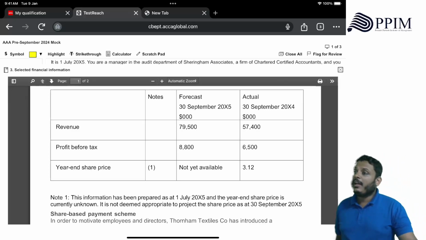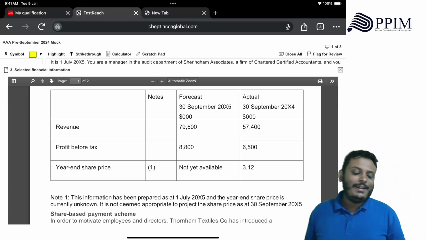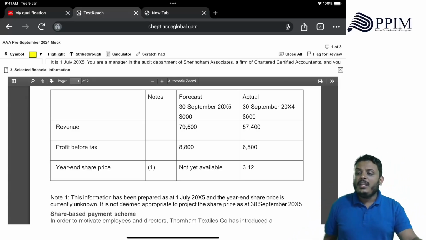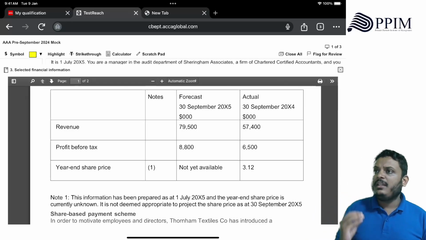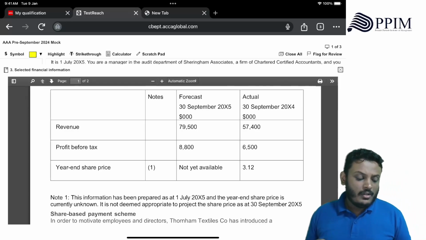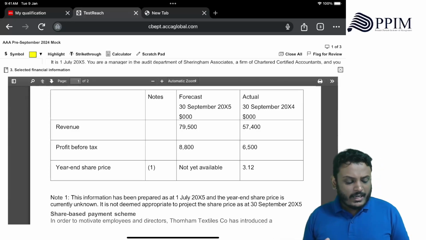What is meant by ARP? ISA 520 analytical review procedures. So we need to perform very basic analytical review procedures when we are doing risk assessment. So let's do analytical review procedures.